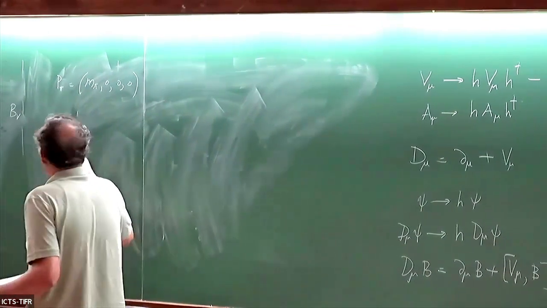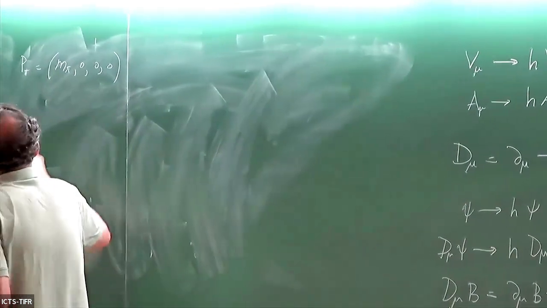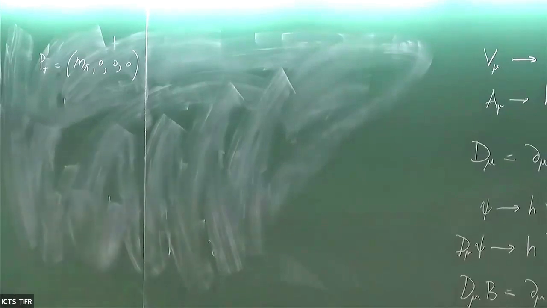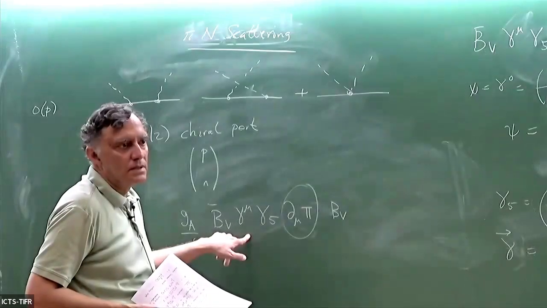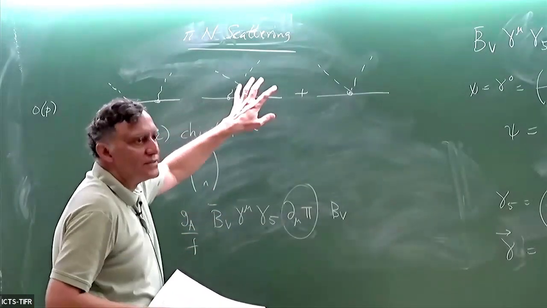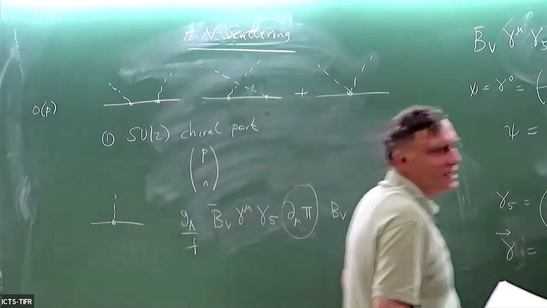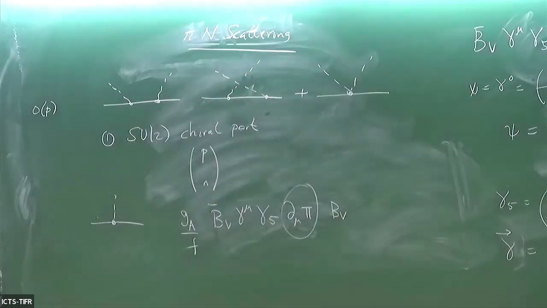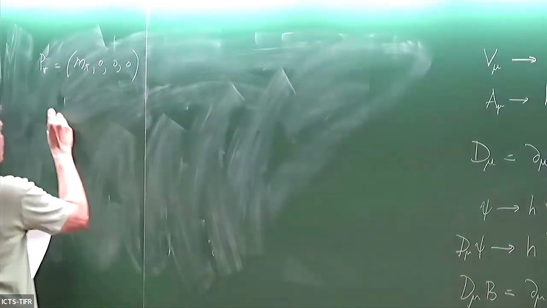And the outgoing pion also has this momentum. D mu pi brings out the momentum of the pion. But d mu pi only has a 0 component, and gamma mu gamma 5, the 0 component vanishes. So at threshold, the first two graphs are gone, exactly at threshold. So we work at threshold.